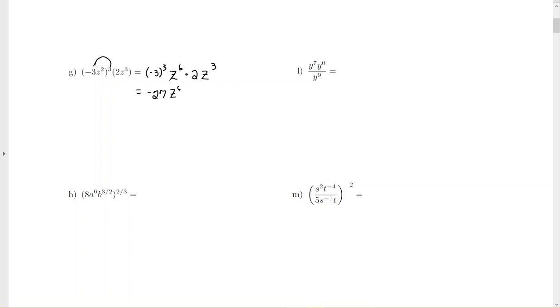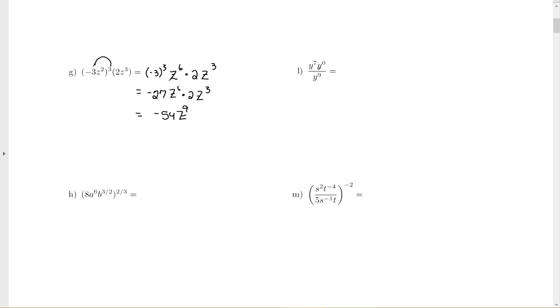Z to the 6 times 2, z to the 3rd. You come up with negative 54. Z, and then you've got 6 and then 3 more, so that would be z to the 9th power. The power is positive, so again, there's nothing more that you can do with that problem.